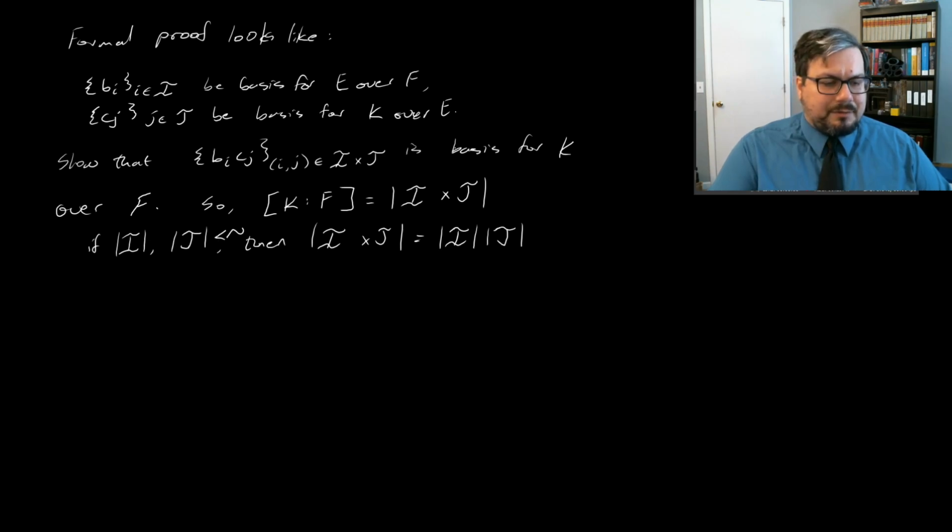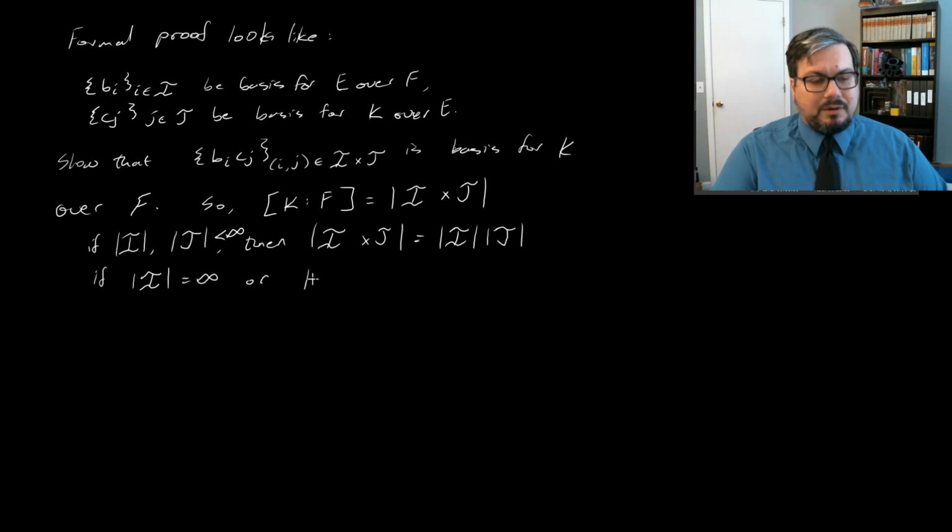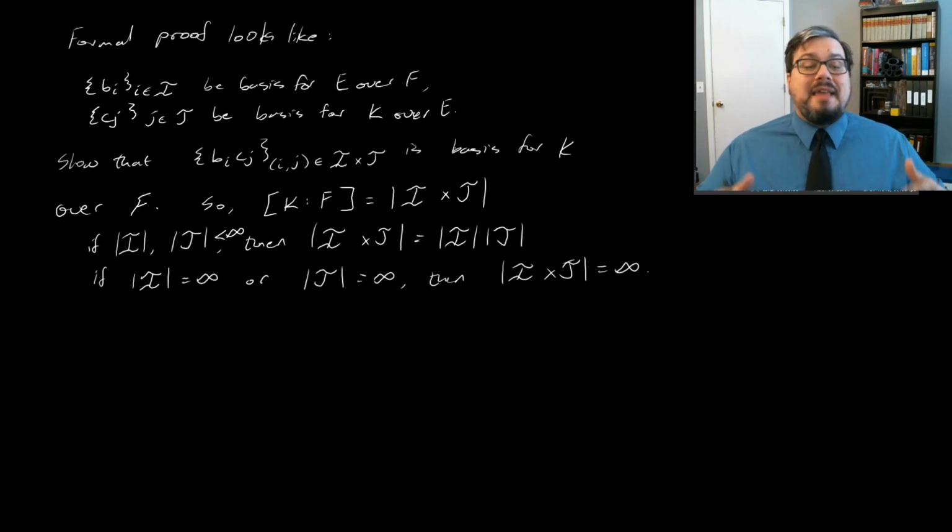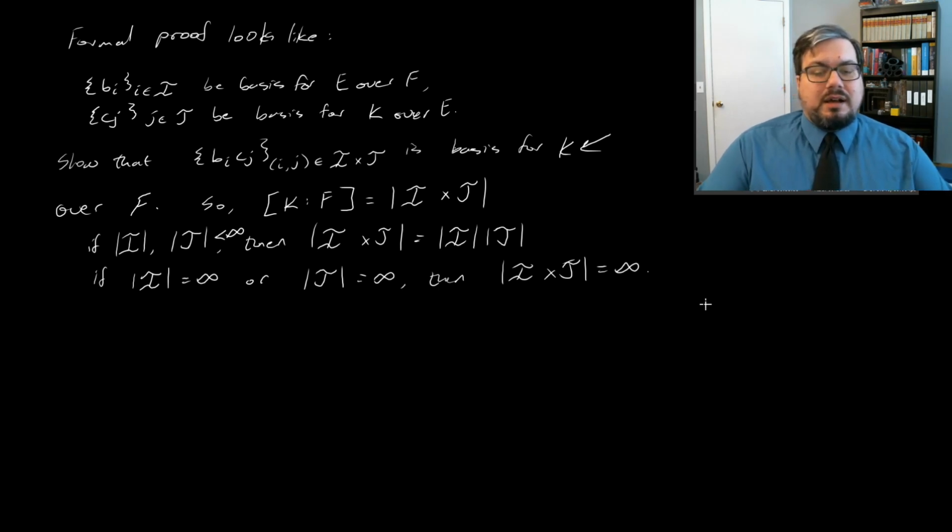I forgot to say, if these are both finite, then this is the case. And if I or J has infinite cardinality, then the Cartesian product will have infinite cardinality as well. And that's the basic idea behind it. The only work comes in this step, where you show that these b_i c_j are a basis for K. So this is the basic idea of the formal proof.